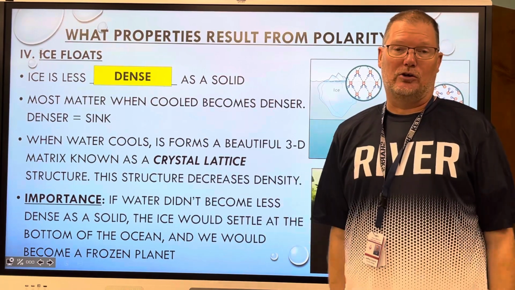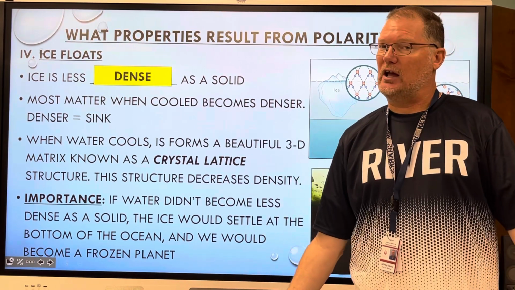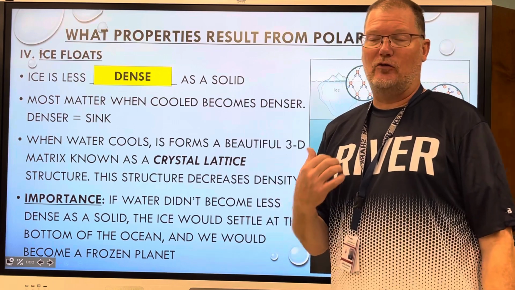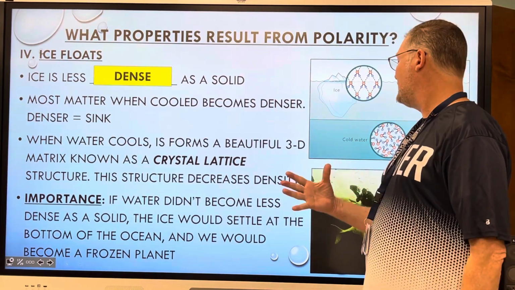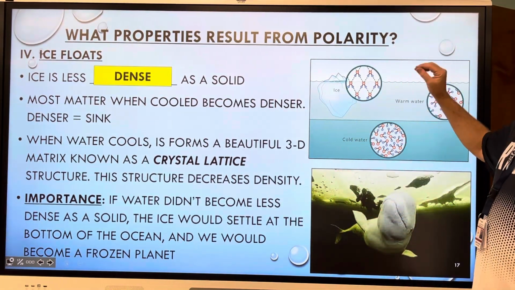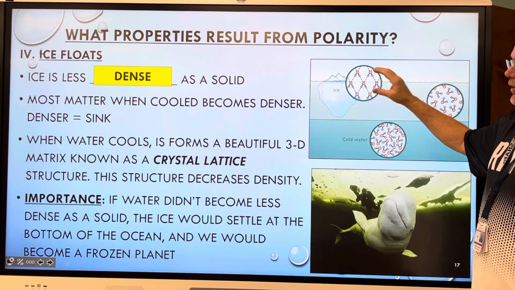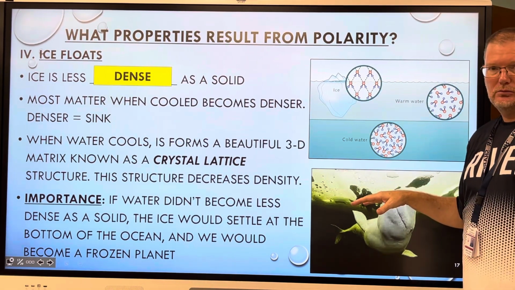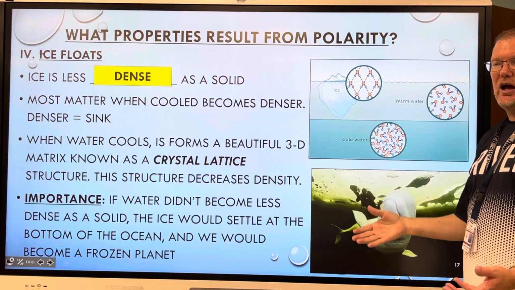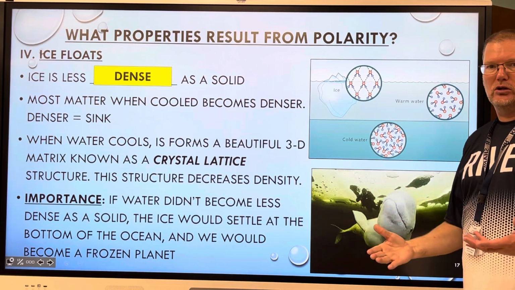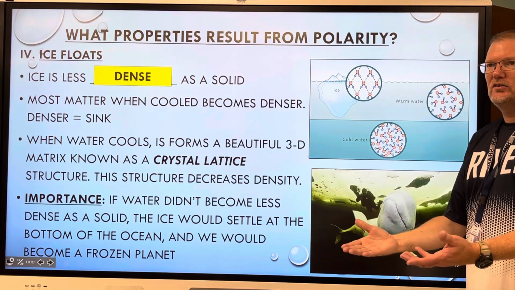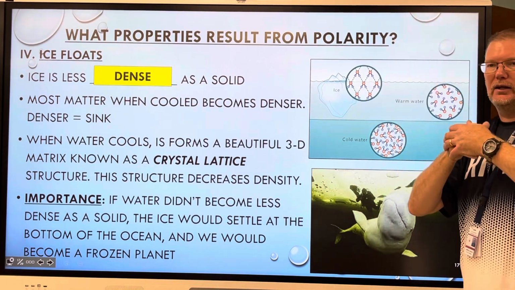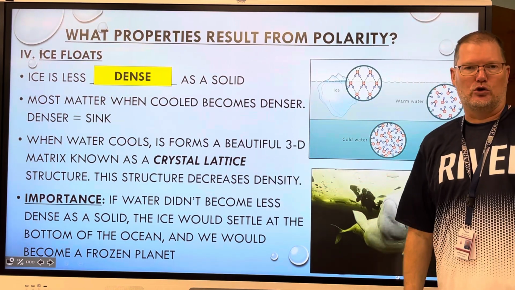If you don't think that's a miracle, after everything I've said so far today, this is what makes life possible on Earth. Because if it didn't, when ice froze, it would sink, and then the entire lake and ocean would freeze from the bottom up, killing all life in the ocean.